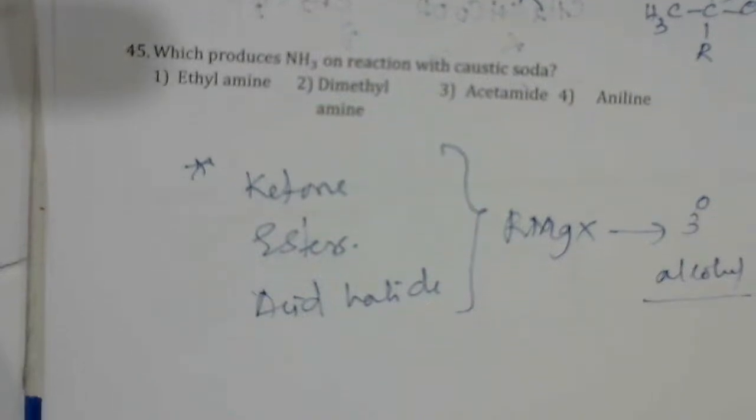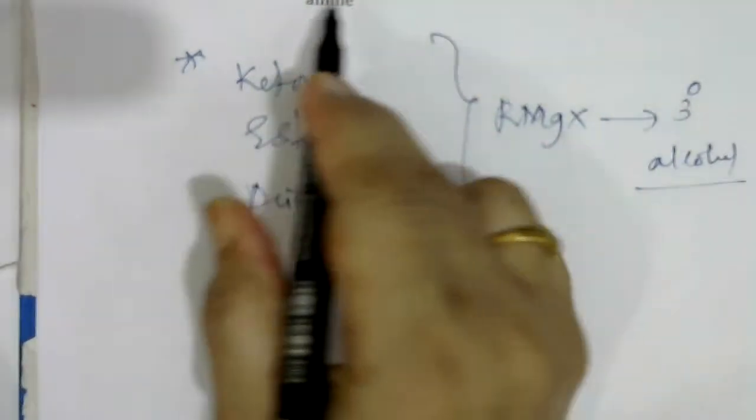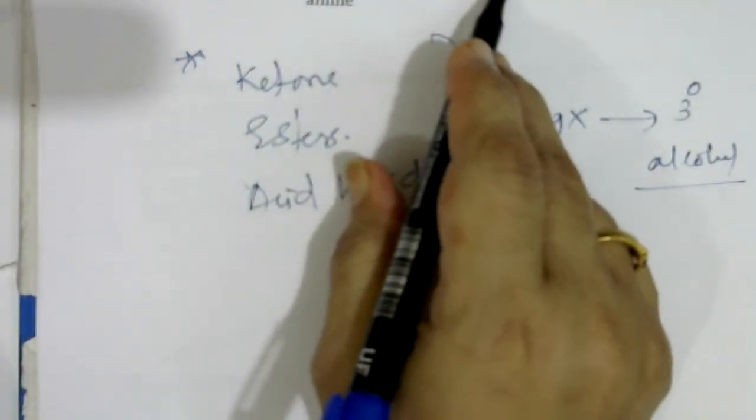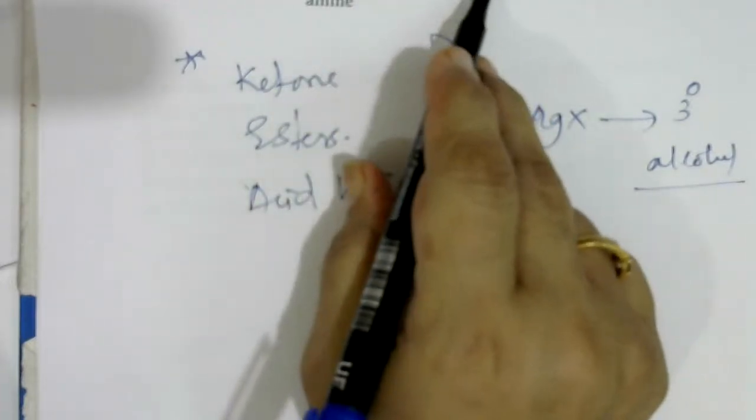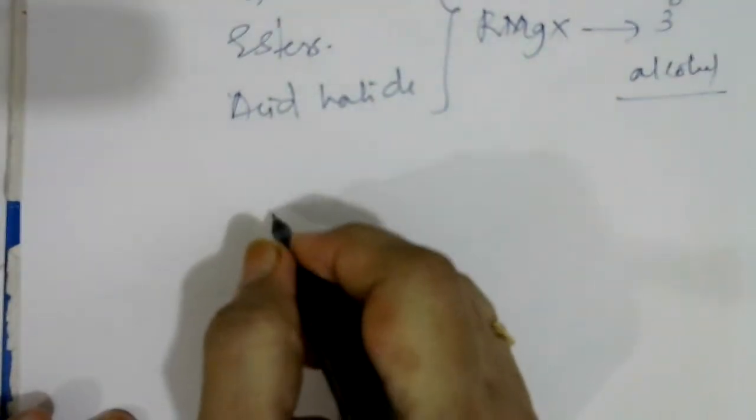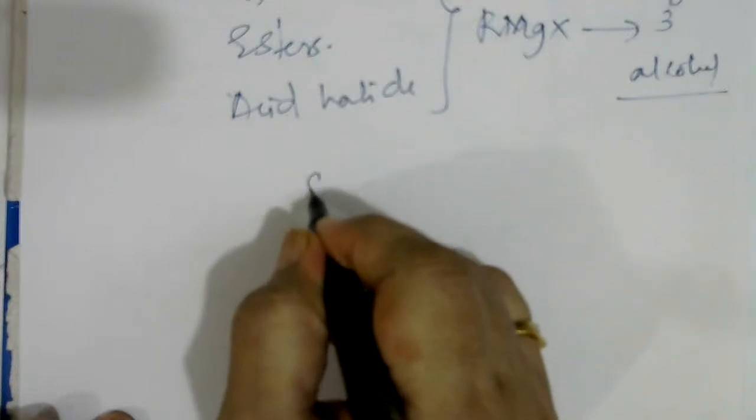Next one. Which produces ammonia on reacting with caustic soda? Caustic soda means sodium hydroxide.